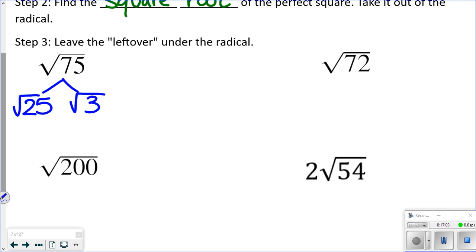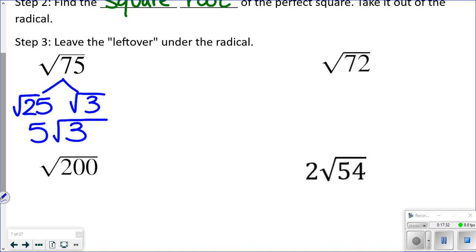Now, step 2, we need to find the square root of the perfect square, which is 5. Good. And remember, we're taking that out of the radical. So the radical, it's gone. I do not need the sign anymore, so I'm not going to write it. And then step 3, I'm leaving my leftover underneath the radical.